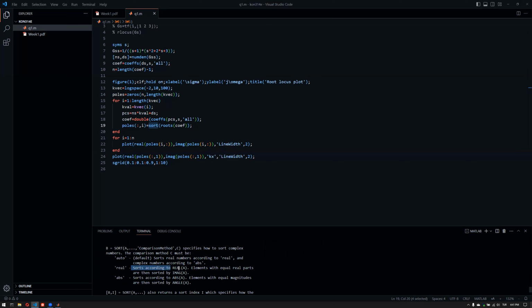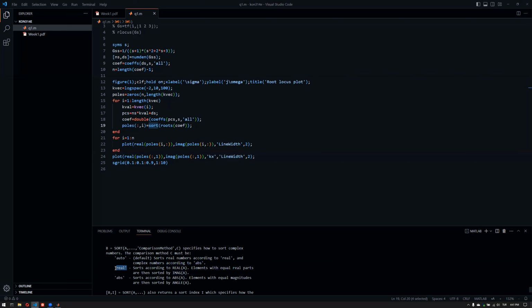There we go. This one could be, for example, something that we can use here. It says that it's sorting according to real A, and if that's equal, then it will sort for the imaginary values here. So we could try this one here.